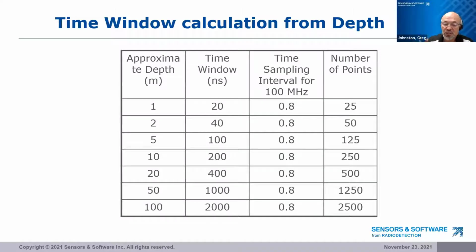If you wanted to scan 2 meters in the ground, you're going to have to collect 50 points. 10 meters would require 250 points. And if you wanted to scan all the way down to 100 meters, if it was possible in the environment you're working in, you would have to collect 2,500 points. It's obvious, but just in case, collecting more points takes longer than collecting fewer points. So that becomes a factor when you're actually collecting.